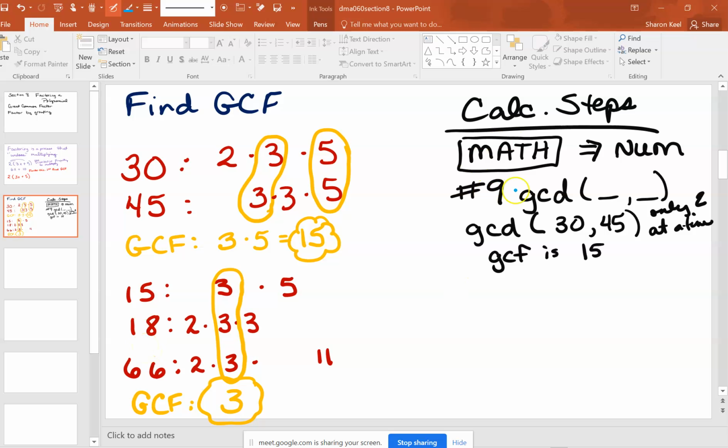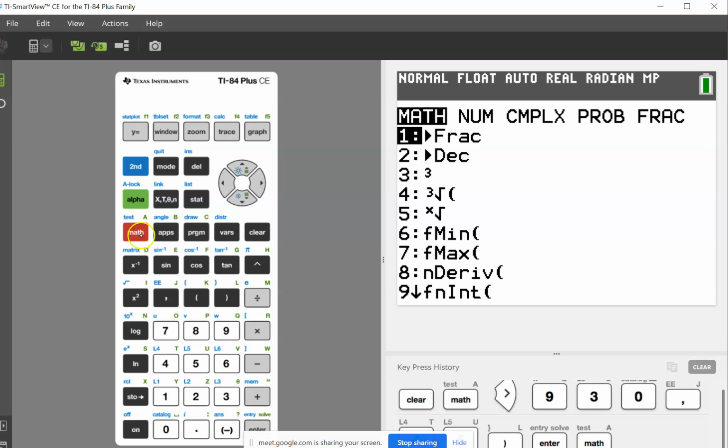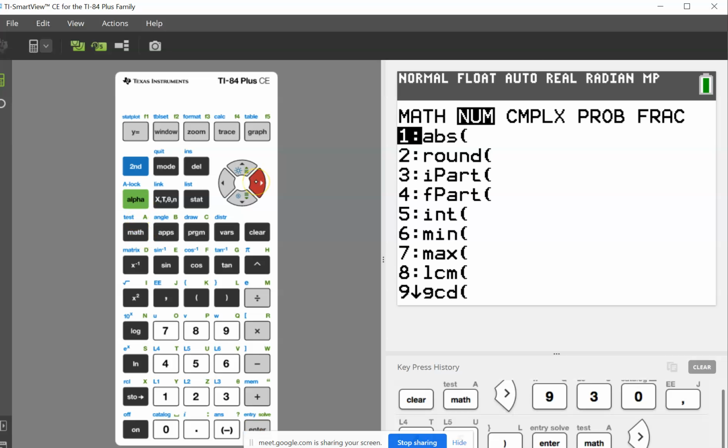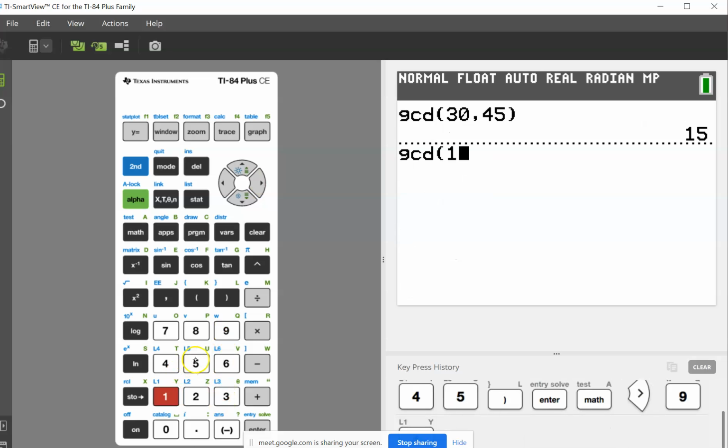Now, when I do that same process with this problem that has 3 numbers, the beginning steps are still the same. So I'm going to put repeat, and we're going to repeat these, and I'm putting the little asterisk by. Then when we get to where it has GCD, I'm going to do first the numbers 15 and 18. So math, and do these steps with me. Arrow right, choose number 9, and we're going to type in 15, 18.